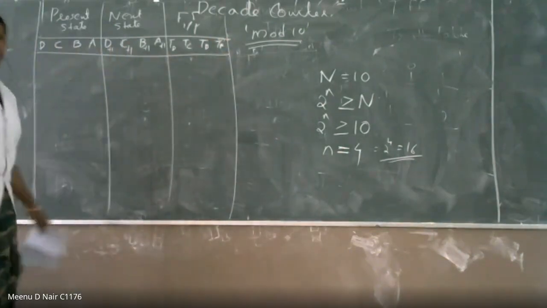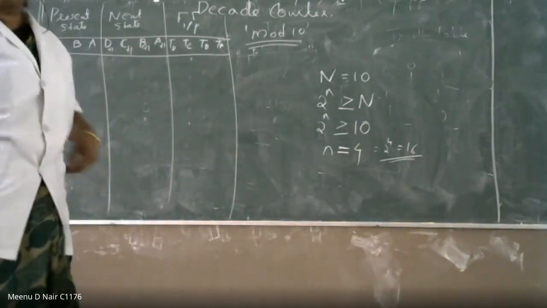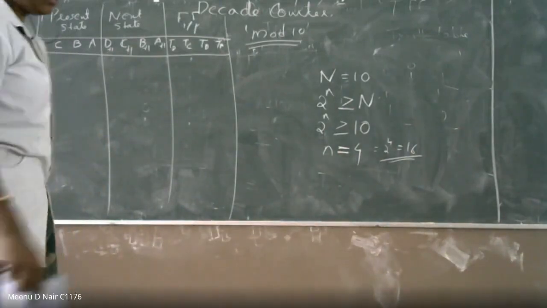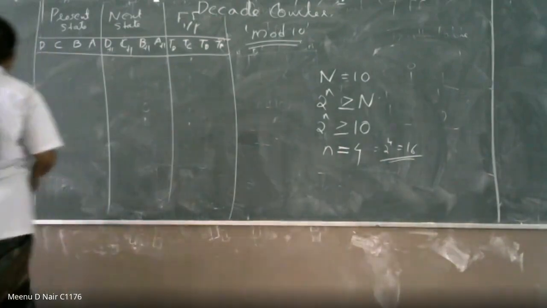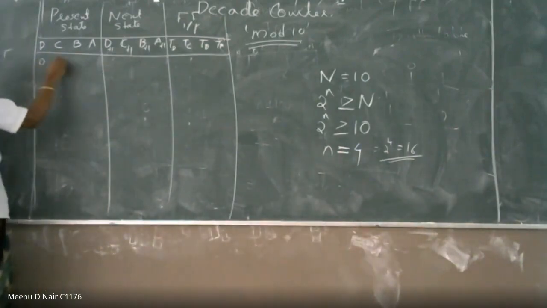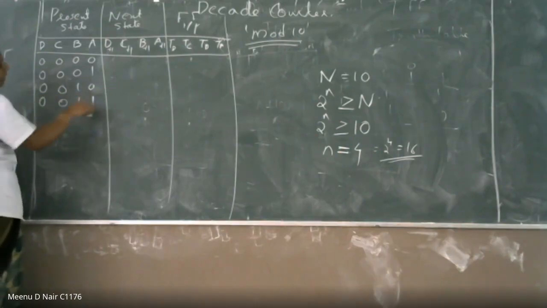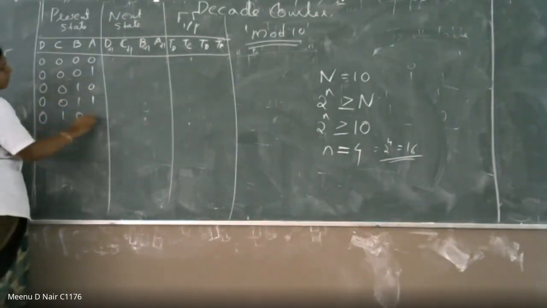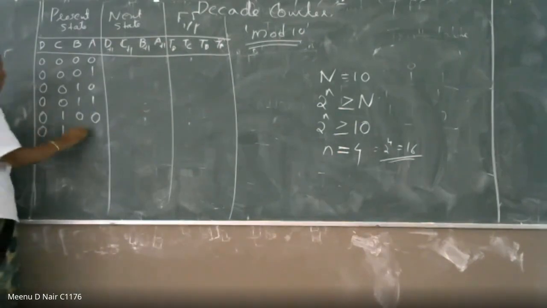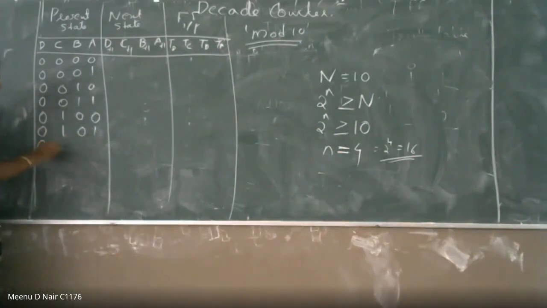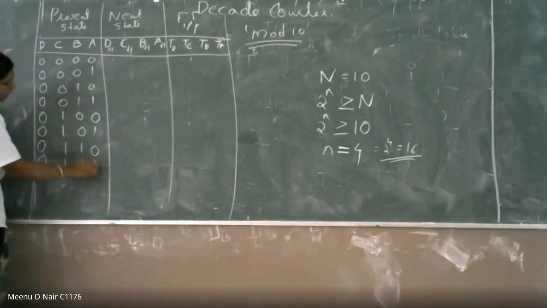So totally, mod 10 means totally 10 states will be there. Okay, it is not the number 10, only 10 states. So you are starting from 0, 0, 0, 0, then 0, 0, 0, 1, 0, 0, 1, 0, 0, 0, 1, 1, 0, 1, 0, 0, 0, 1, 0, 1, 0, 1, 1, 0, 0, 1, 1, 1, then 1, 0, 0, 0.